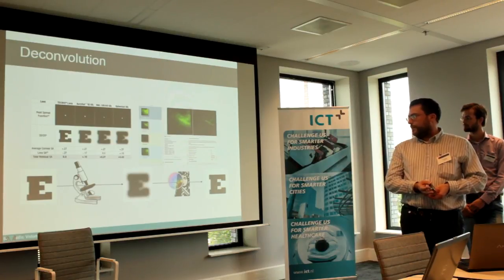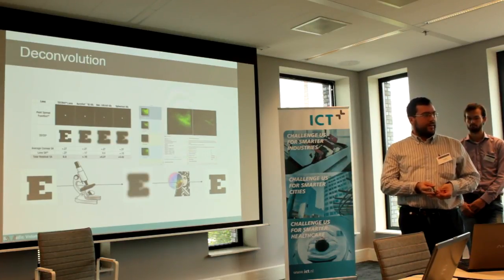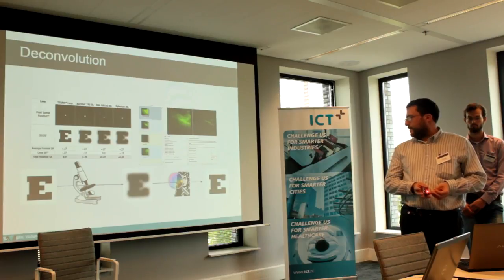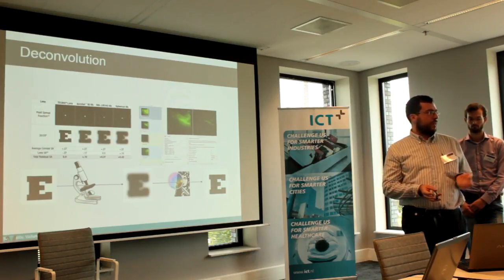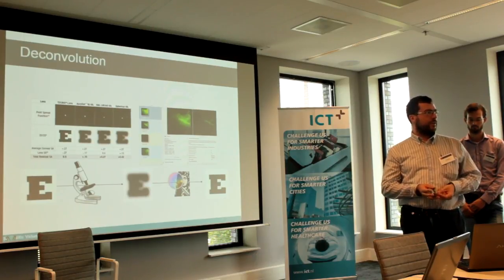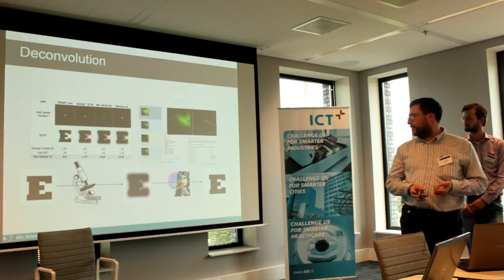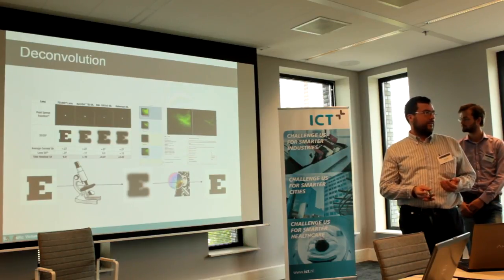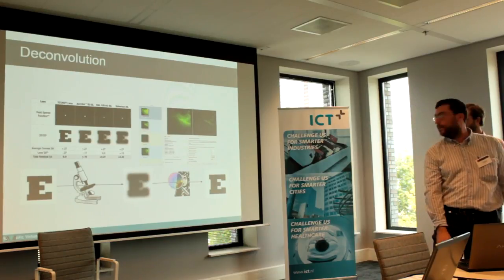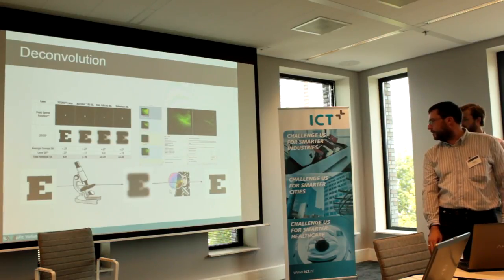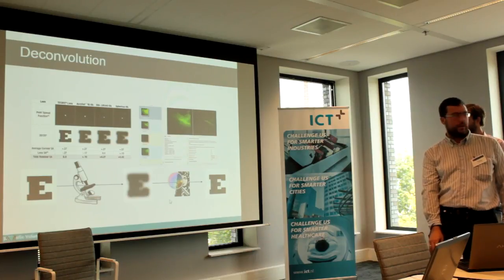So the microscope in the data acquisition does something which is mathematically described as a convolution on the image, and which visually appears like a blurring. We try to undo that blurring effect, so you get a sharper image out. That is the deconvolution step.